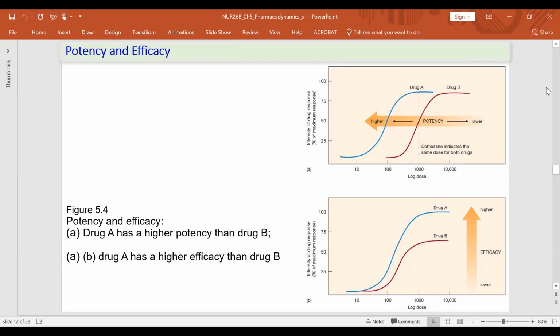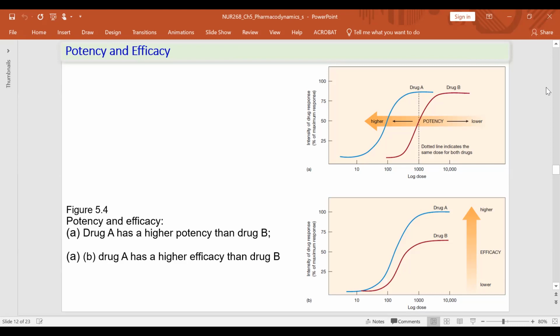So this graph shows the difference between potency and efficacy. Efficacy is the maximal effect, an index of the maximal response the drug can produce. The efficacy of the drug is indicated by the height of its dose response curve.